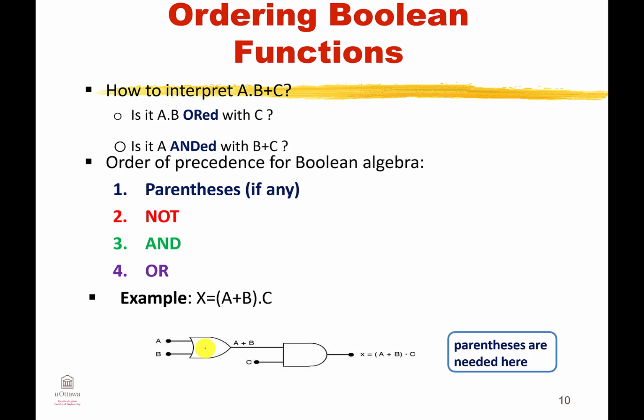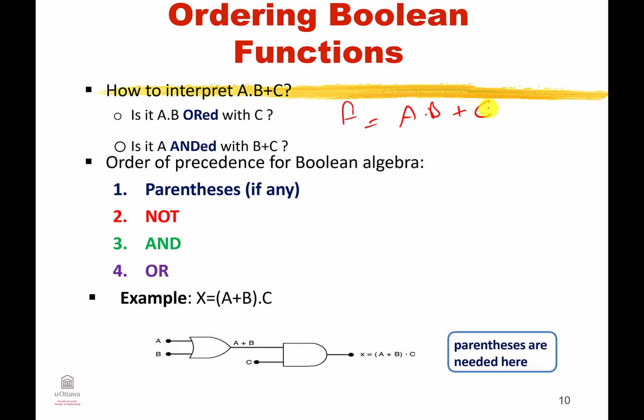Now, we should pay attention to the precedence in which Boolean operations occur. So if I have this function here, f equal to a, b plus c, how can I read this function? Is it ab ORed with c, or is it a ANDed with b plus c?